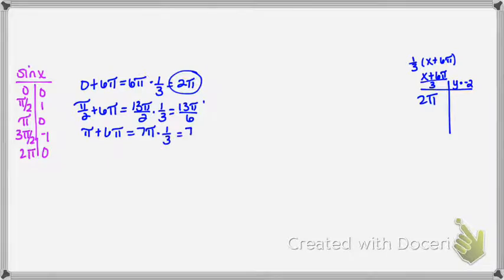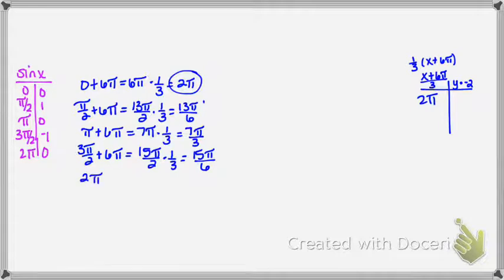And so we get 7 pi over 3. 3 pi over 2 plus 6 pi gives us 15 pi over 2 times 1/3 gives us 15 pi over 6. And then 2 pi plus 6 pi is 8 pi times 1/3 gives us 8 pi over 3.